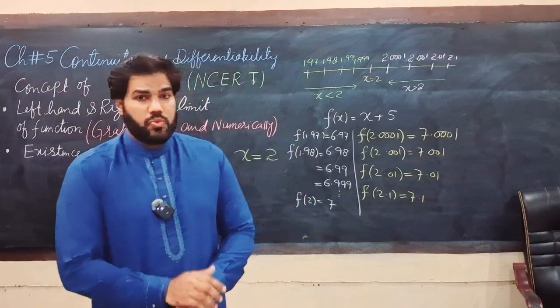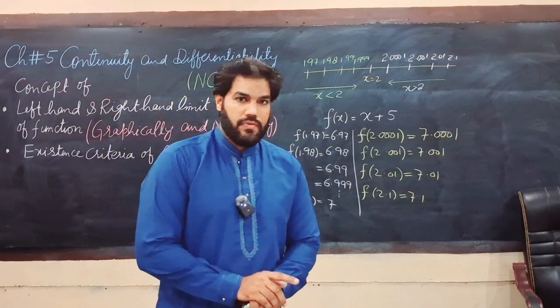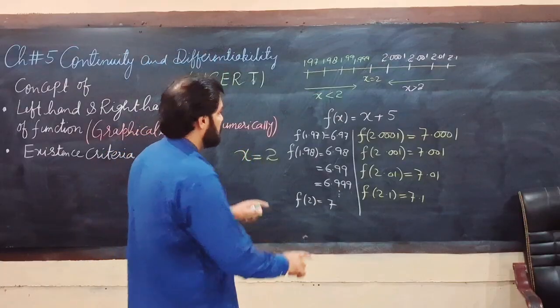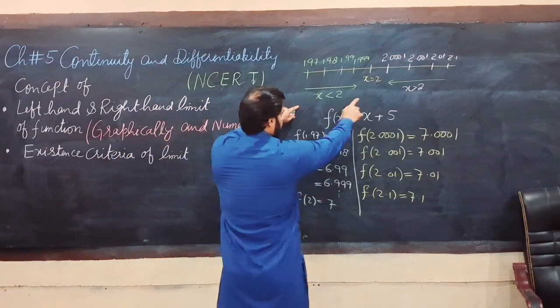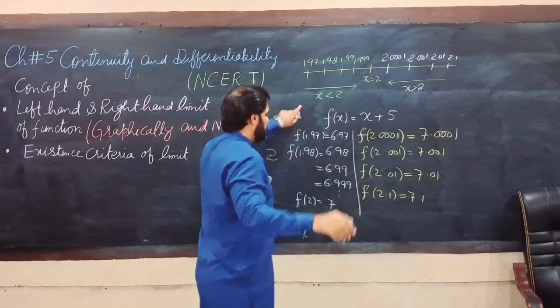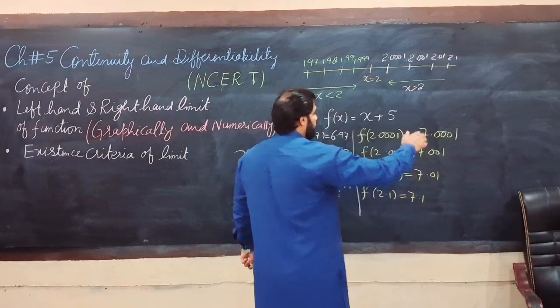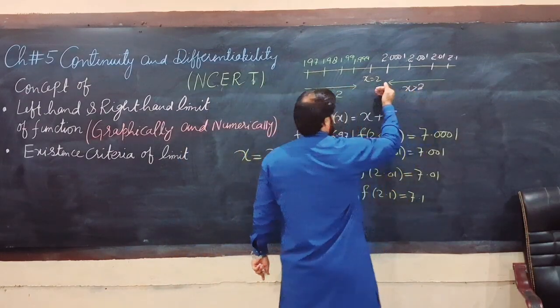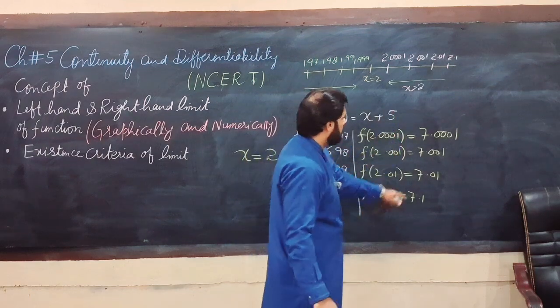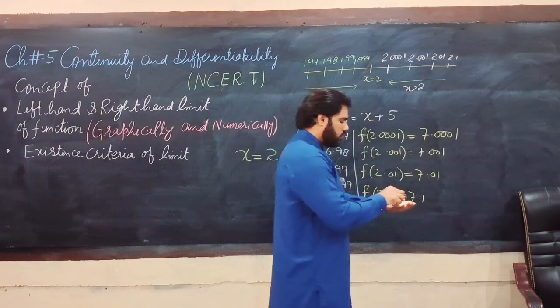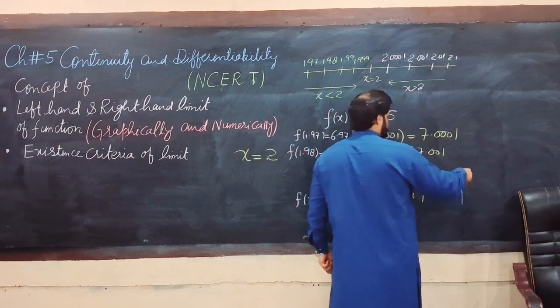Now from this table you can observe that whenever you move towards x is equal to 2 from the left side, the value of your function moves towards 7. Similarly, if you move towards x is equal to 2 from the right side, again the values approach 7.